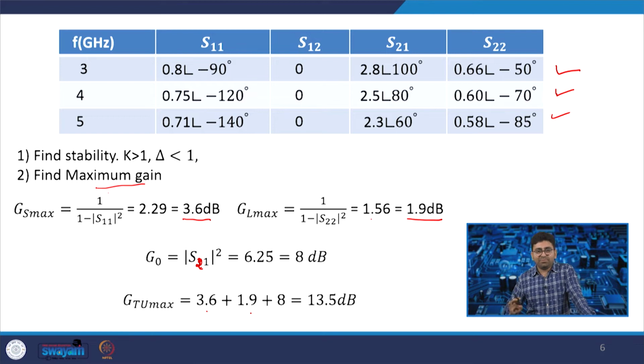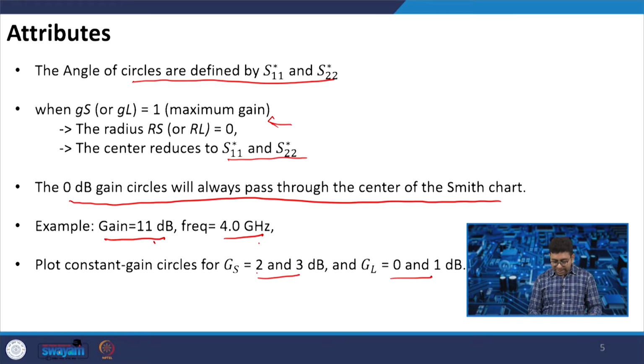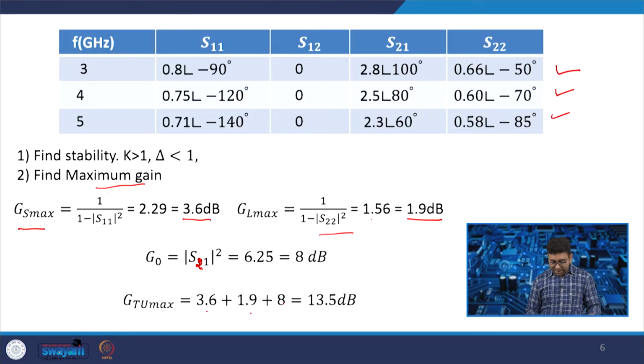So, this is the maximum gain that we get, but what we want is an 11 dB gain. So, either we need to reduce the GS or we need to reduce the GL. That is why we have chosen to plot the circles at 2 and 3 dB. Here you already have 8 dB gain from G naught.